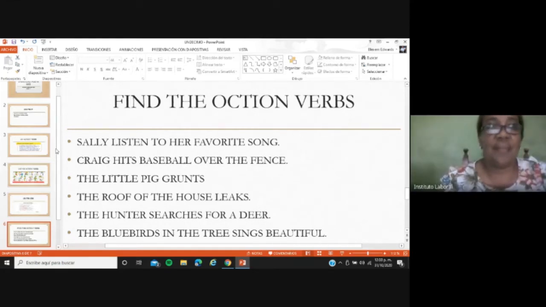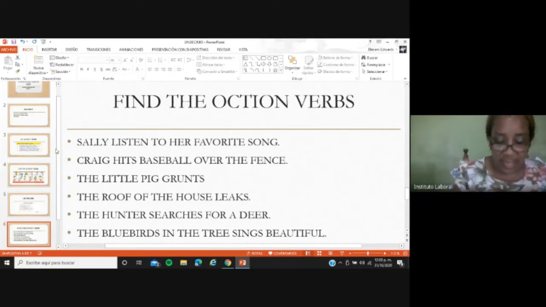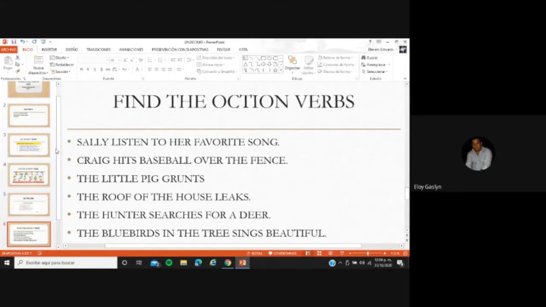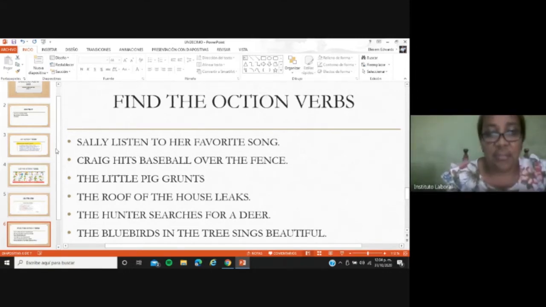Yo aprendo inglés todos los sábados. Learn is the action verb. If I say, I work every day. Work, teacher. Work is the action verb. So it's important for you to identify the action verb in the sentence. Por eso es muy importante que ustedes sepan cuáles son las acciones de la oración.